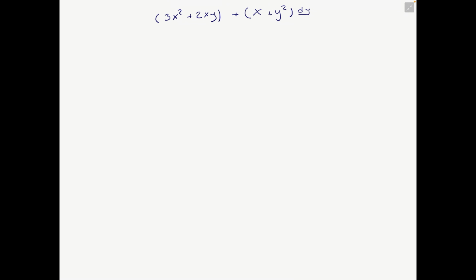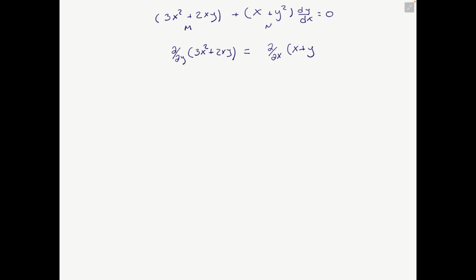Okay, here's our next example. 3x squared plus 2xy plus x plus y squared dy dx is equal to 0.